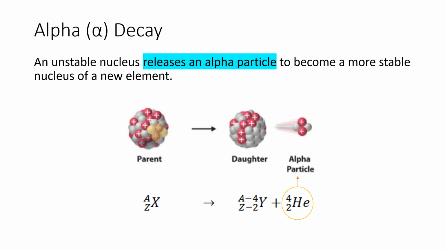This is because the alpha particle is a helium nucleus which consists of 2 protons and 2 neutrons.